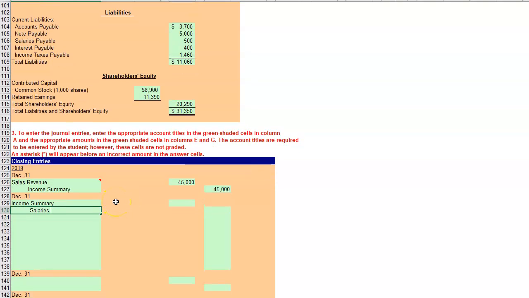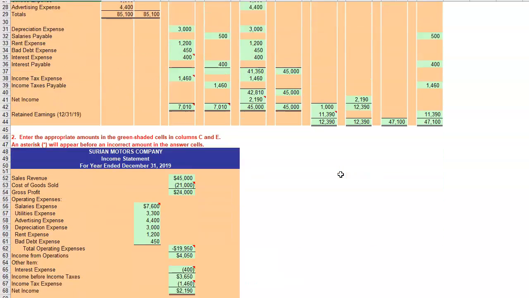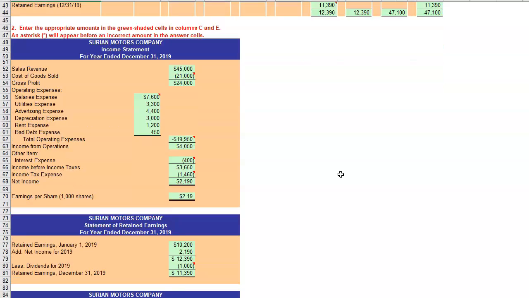Salaries, utilities, advertising, depreciation, rent, and bad debt.